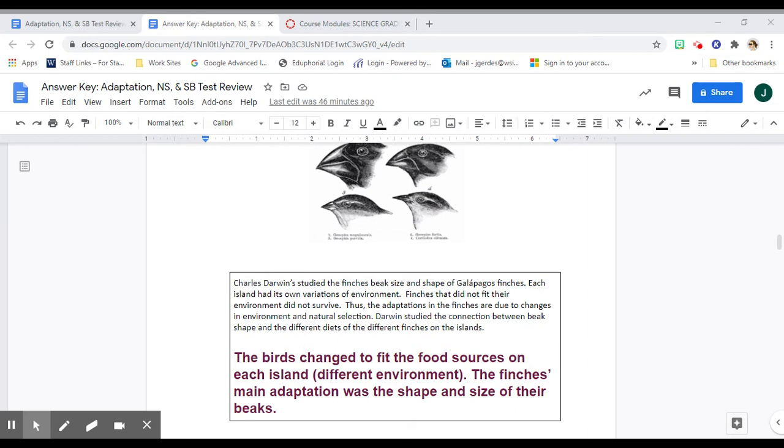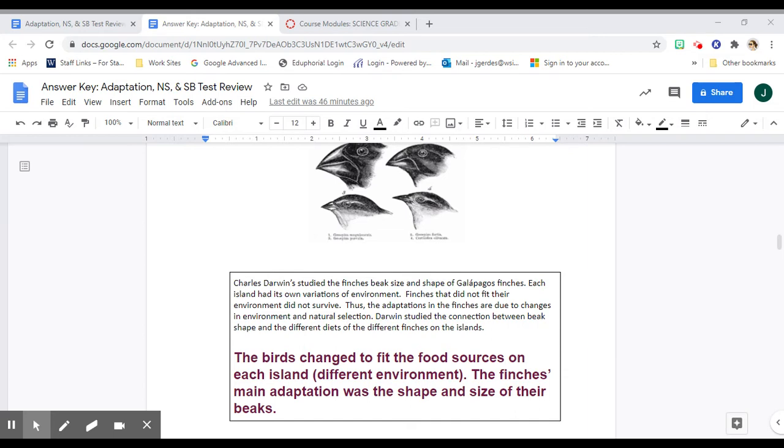Each island had its own variation of environment. So they had different environments. Finches that did not fit the environment did not survive. Thus, the adaptation in the finches are due to changes in the environment and natural selection. Darwin studied the connection between beak shape and the different diets of the different finches on the island.